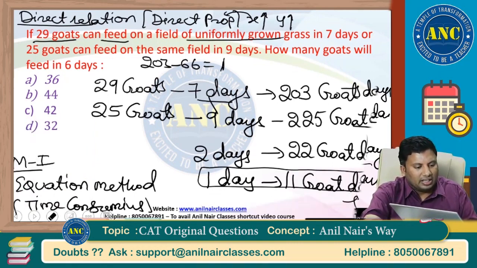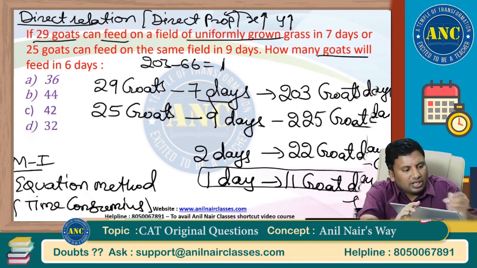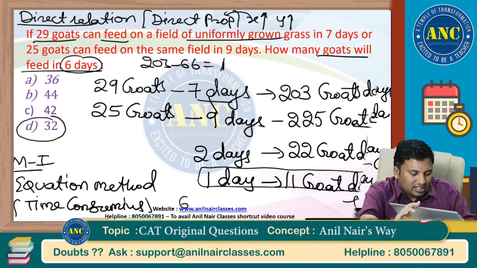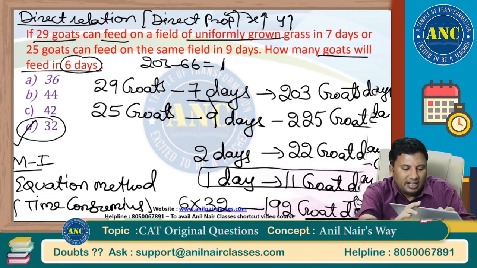Now see here. How many goats will it feed in 6 days? If it is 32 goats, 6 into 32 is 192 goat days. I picked option D. 6 days plus 1 day, 7 days.